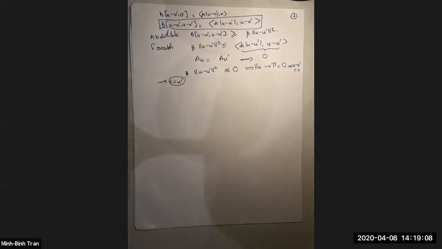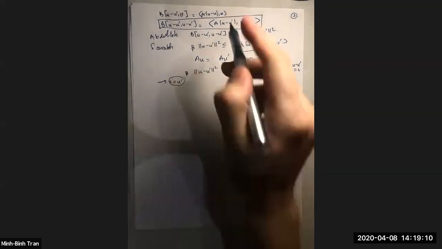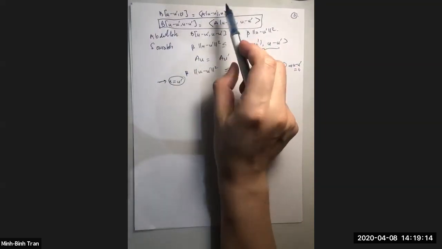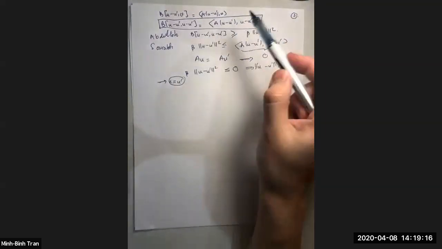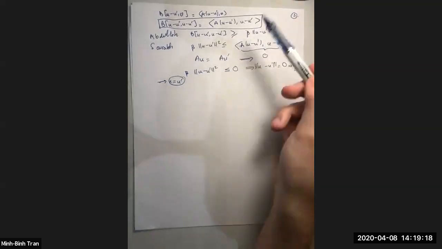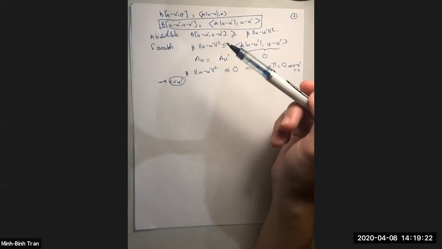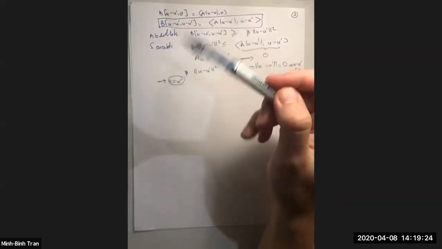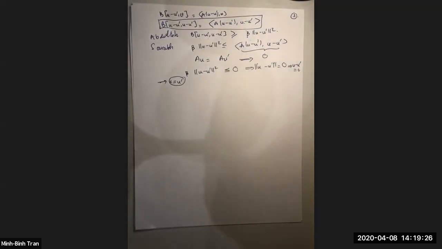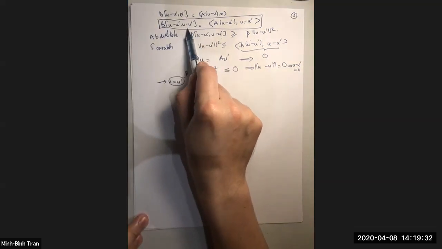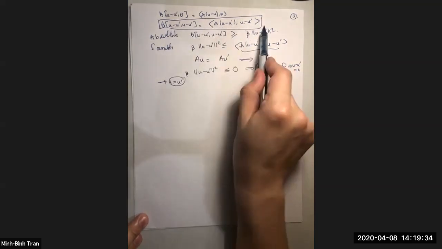Let me explain again. Surab suggested that in this equation, you choose a special value of V. Whenever you see an equation which is true for all test functions, you choose a special test function and try to extract information from that equation. You choose V to be U minus U prime, and you get this equation.